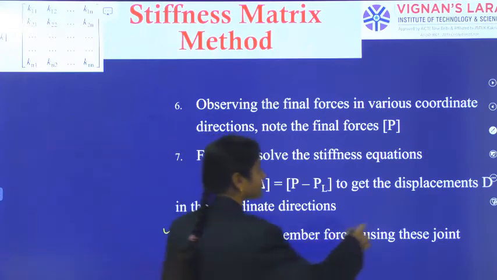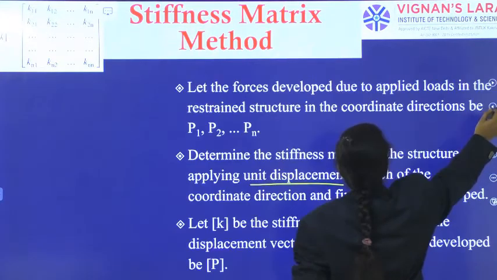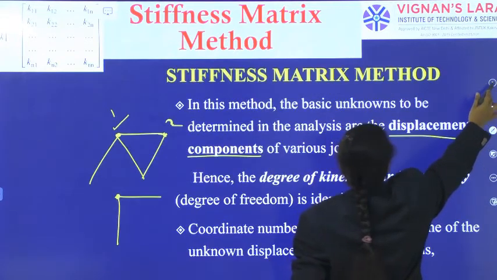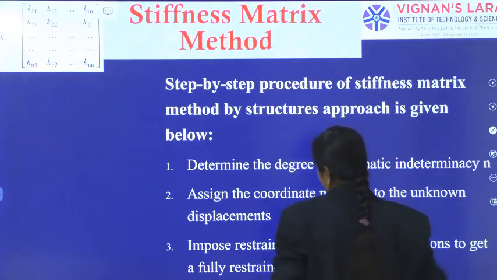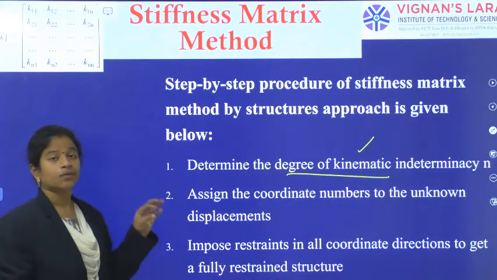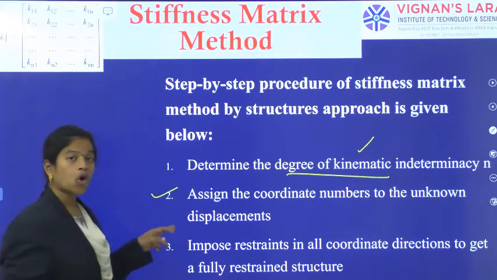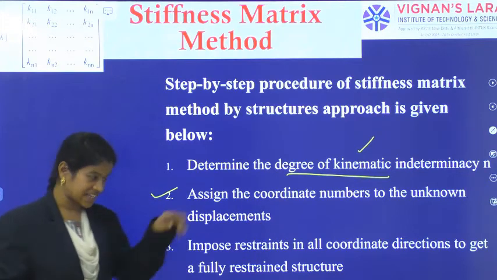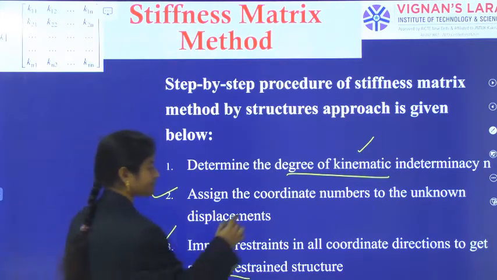So firstly, we have to determine the kinematic indeterminacy. And then give coordinate numbering to the unknown displacements. And then make the structure a restrained structure.